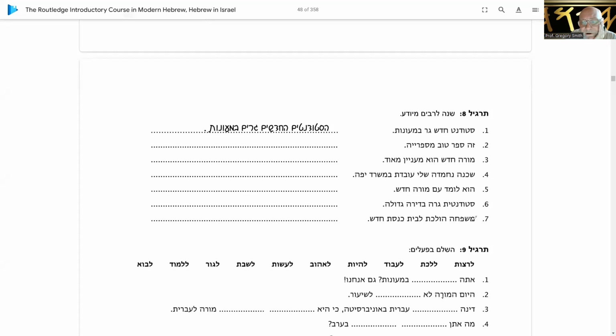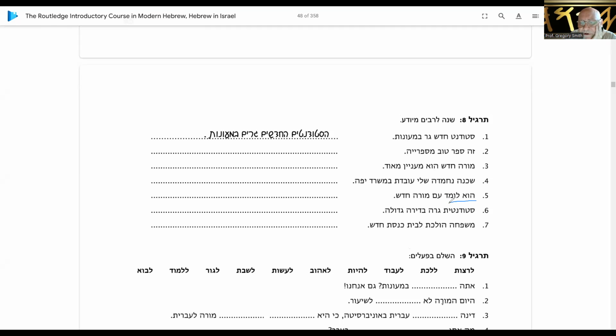Okay, let's see here. Ulomed, he is working, or no, he is studying rather. He is studying Im More Hadashah. He's studying with a new teacher. Okay, so he is studying with a new teacher. And so we need to make this say they are studying Lomedim Im with Morim Hadoshim. I'm just going to make it all plural.